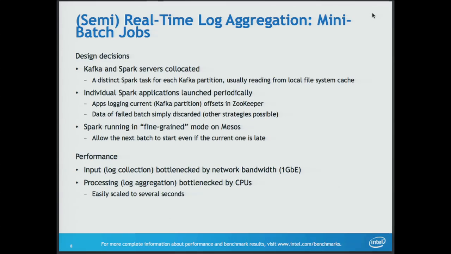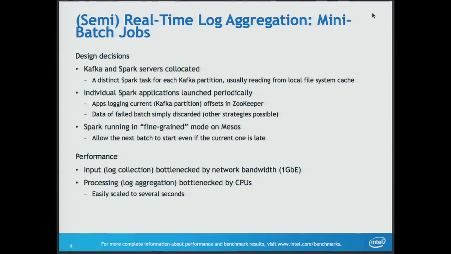When a previous job is delayed for whatever reason, maybe there is an issue on the server, so it's running longer than its batch time, the next job will come around, but it can still find resources to run. Whereas if we run in coarse-grained mode, currently you need to wait for the previous job to finish before the next job can get any resources.